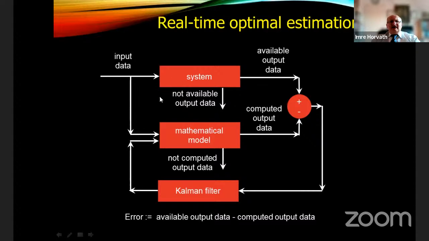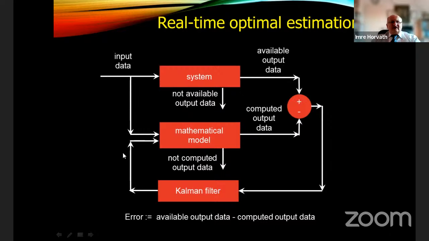Obviously, there might be a certain set of output data missing, not obtained from the system, which otherwise would be needed for the reasoning. And then it is put into a mathematical model, and the mathematical model provides output data, the so-called computed output data, which are brought together with the available system-produced or measured output data, and this is transferred to the Kalman filter.